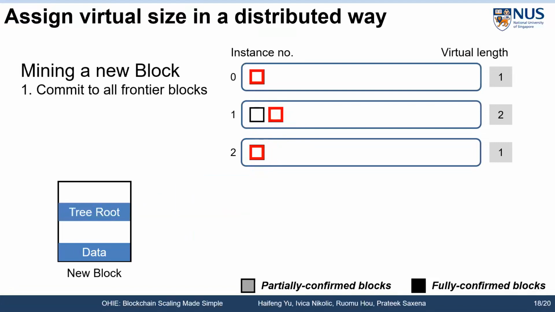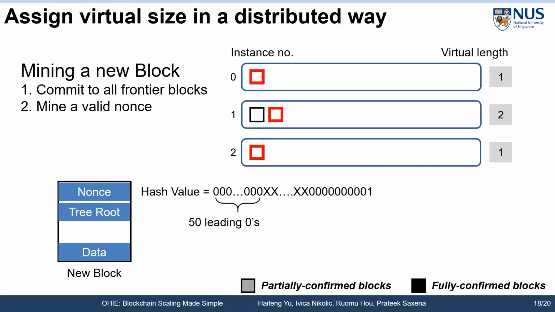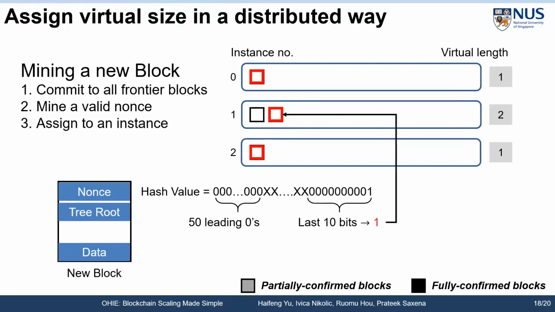Next, the miner needs to find a valid nonce for the block. As discussed before, a valid nonce should have 50 leading zeros. Once the nonce is found, based on other 10 bits in the block hash, the block is assigned to extend one of the instances. In the last step, the miner assigns the block a virtual size.